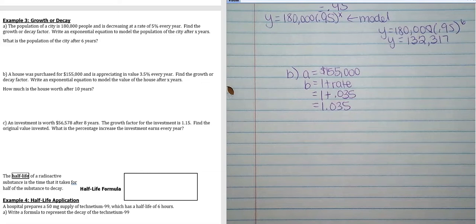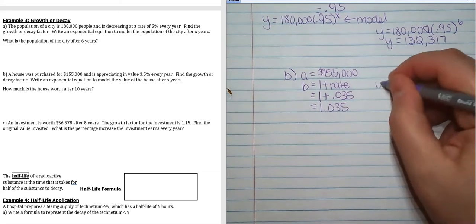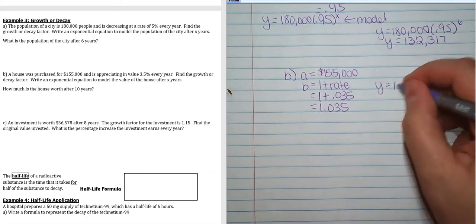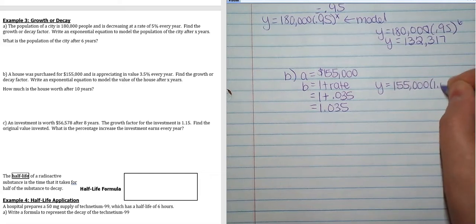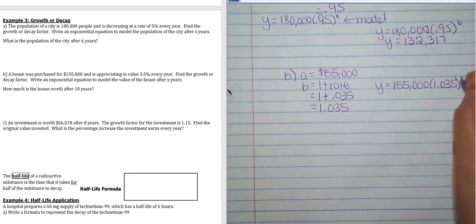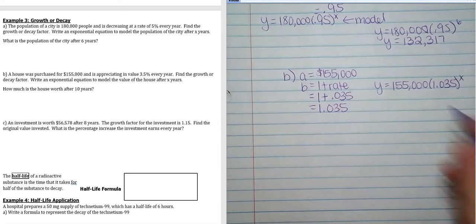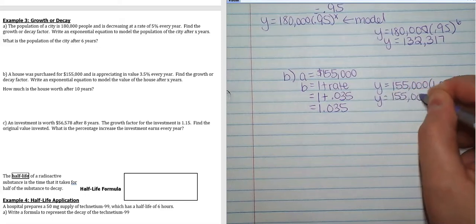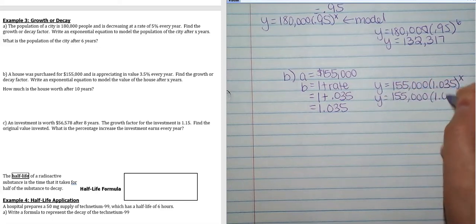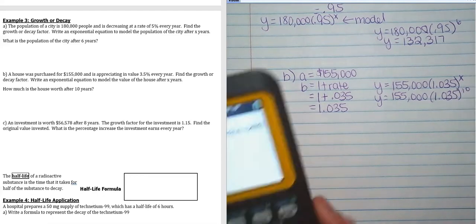So this is growth. So our general model here, the worth of the house would be y. 155,000 times 1.035 to the x, when x would represent time. And then it says, what is the house going to be worth in 10 years? So all we have to do is plug in 10 as our exponent there.